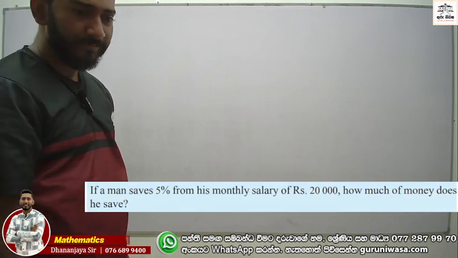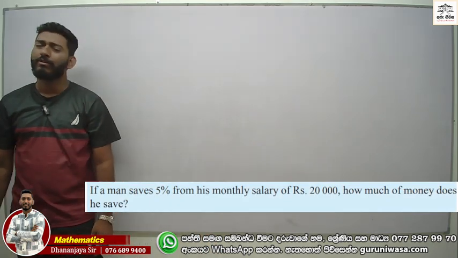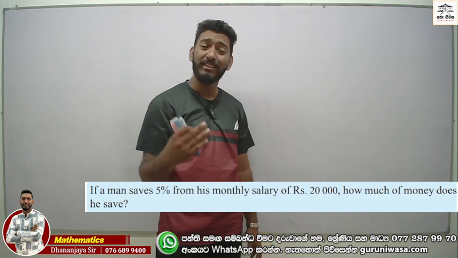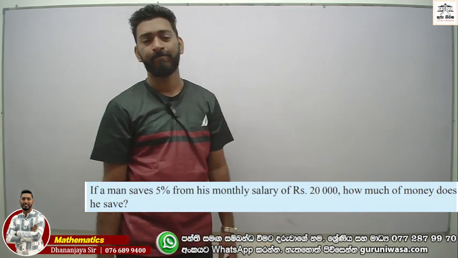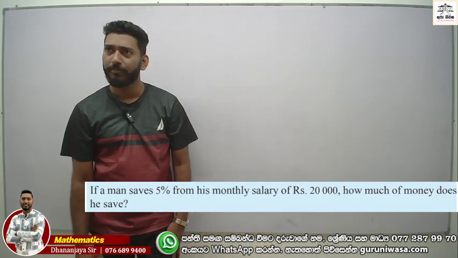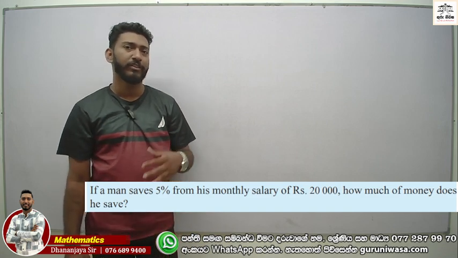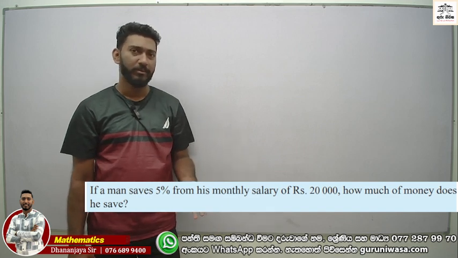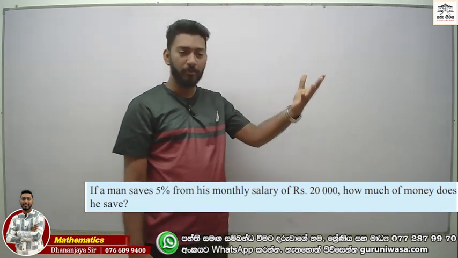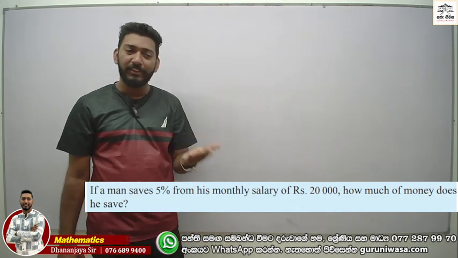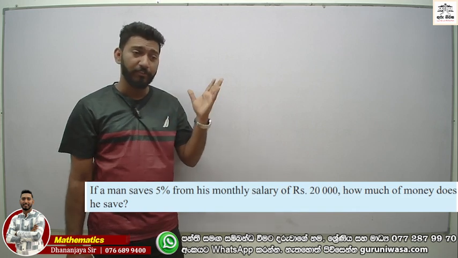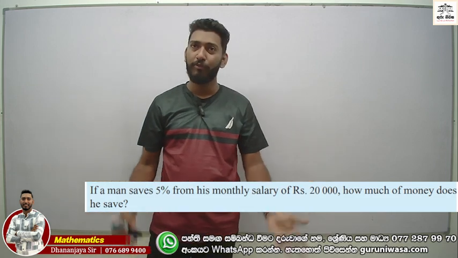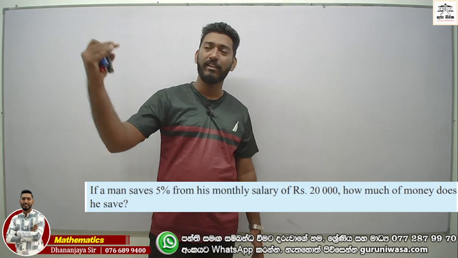Okay. Now look at this. If a man saves 5% from his monthly salary of 20,000 rupees. Now tell me, what is the value of his monthly salary? 20,000, right? And he saves 5% from his monthly salary.